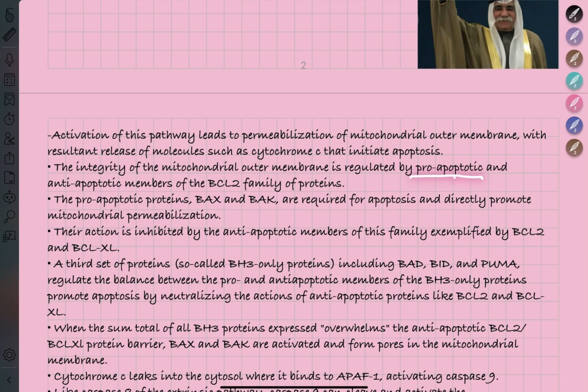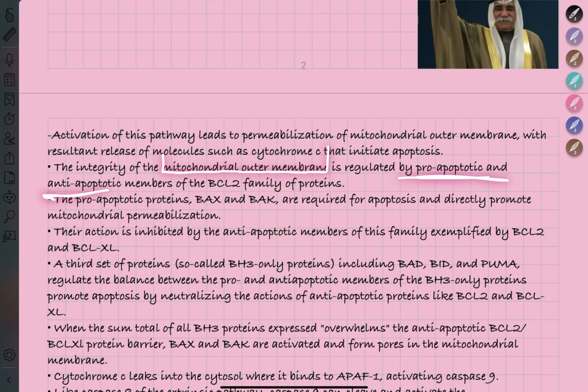Pro-apoptotic means that they will eventually cause apoptosis. Anti-apoptotic, they eventually will not cause apoptosis. They prevent apoptosis from occurring. So the integrity of the mitochondrial outer membrane is regulated by both of them, pro or anti.